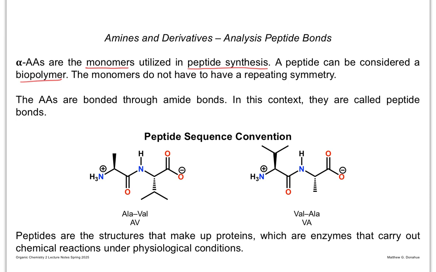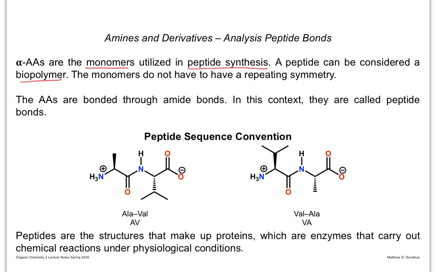So in traditional polymer synthesis, you have, say, one or two monomers you're bonding together, and you'll get this sort of repeating unit. However, in these biopolymers, you don't have to have that repeating unit in terms of symmetry. Overall, there are these 20 different proteinogenic amino acids. Those are the monomers.